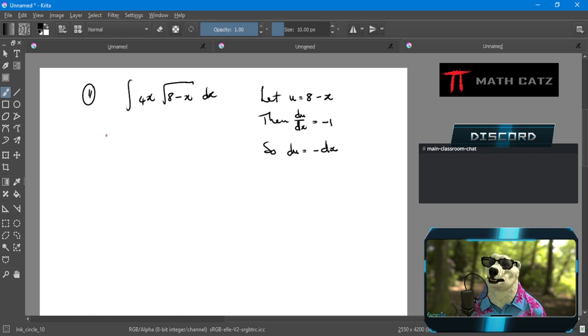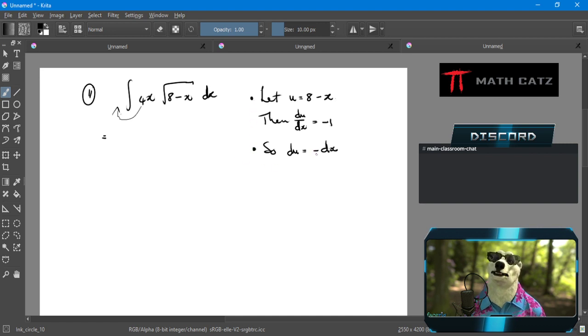Then I see, okay, what do I need to do here to make this look ready for the substitution? First of all, I have this 4 that I'm not loving. So I'll put the 4 outside. It doesn't really come into play, so it's just there to distract me.